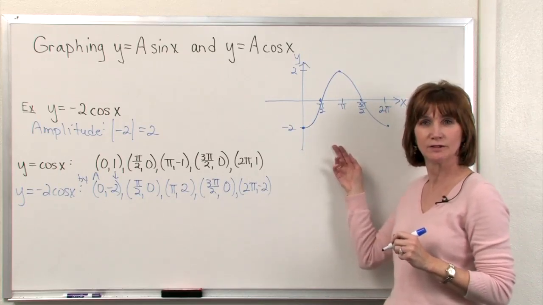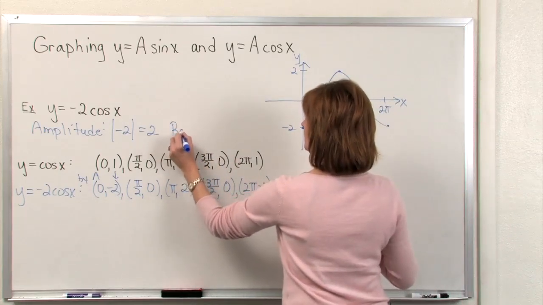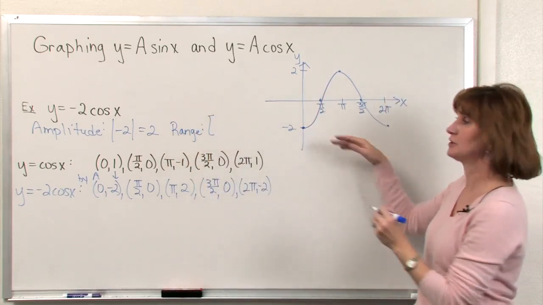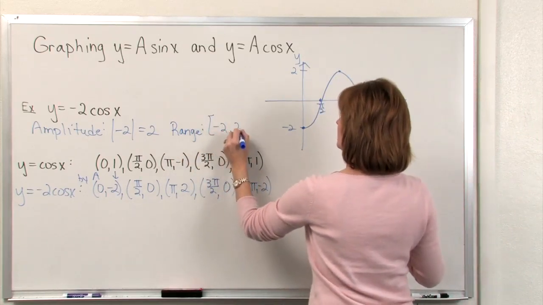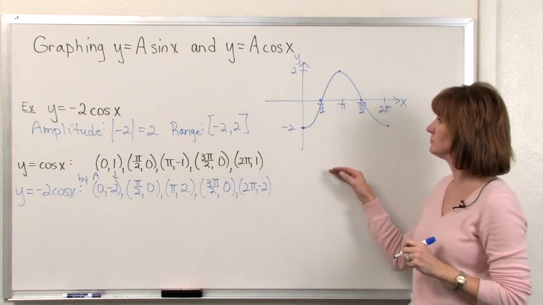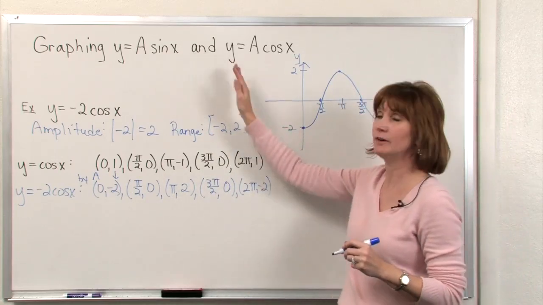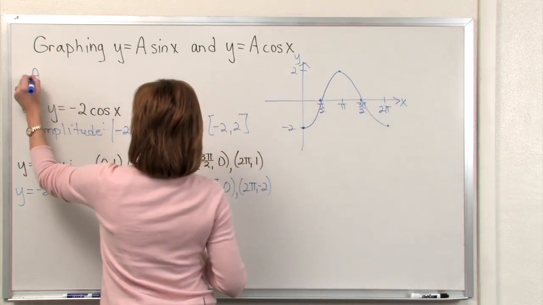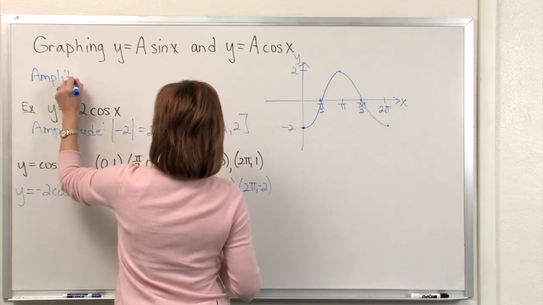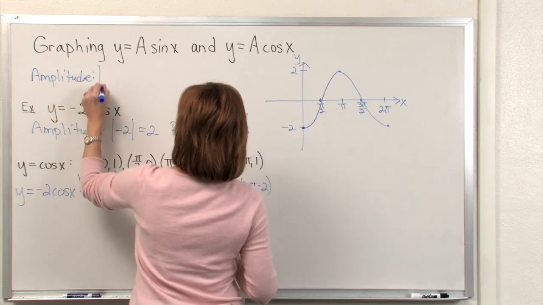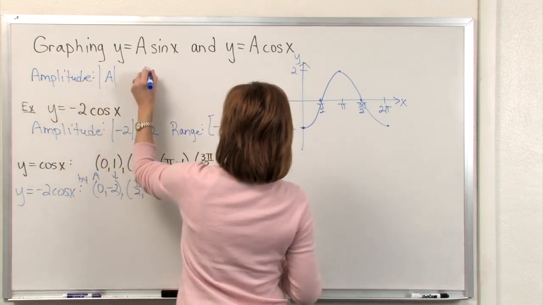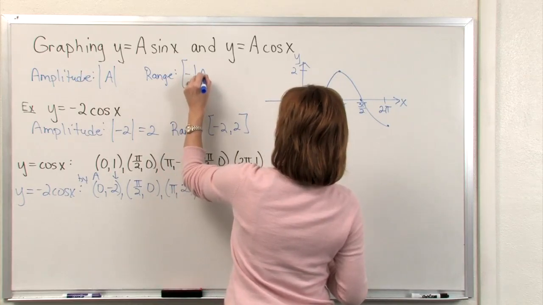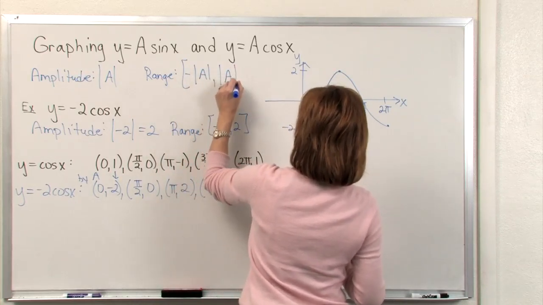What is the range for this graph? Well, the range is going to be negative 2 to positive 2. So in general, when you're graphing functions y equal a sine x or y equal a cosine x, the amplitude will always be the absolute value of a, and the range will always be negative absolute value of a to positive absolute value of a.